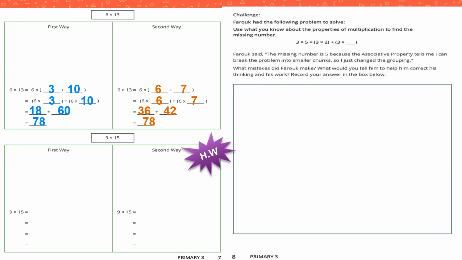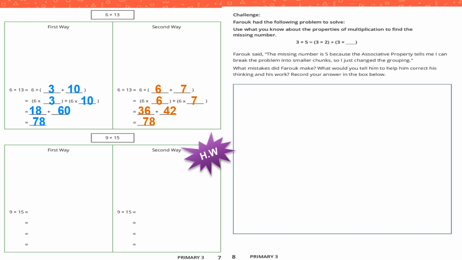First, I have here 3 times 5 equals 3 times 2 plus what? I have here two signs. It means this is not associative property. We said in associative property I have only one sign, but here we have two signs. This property is called what?